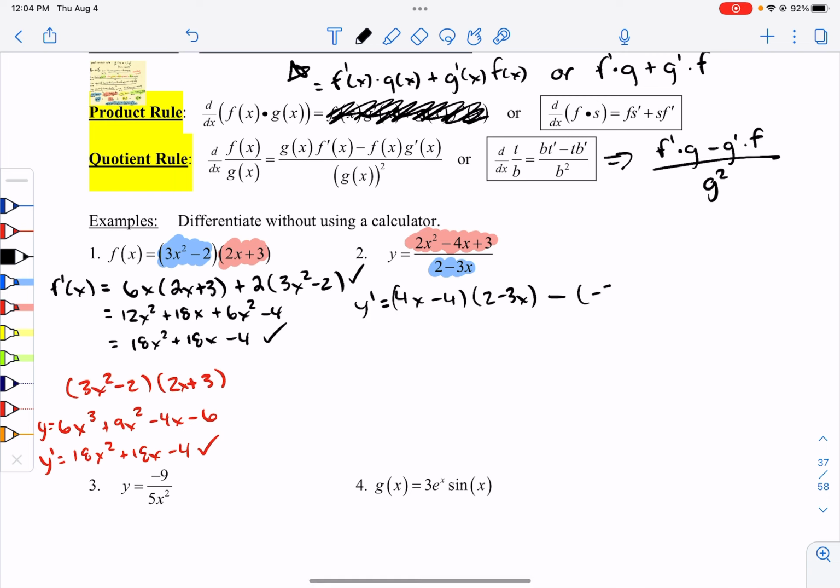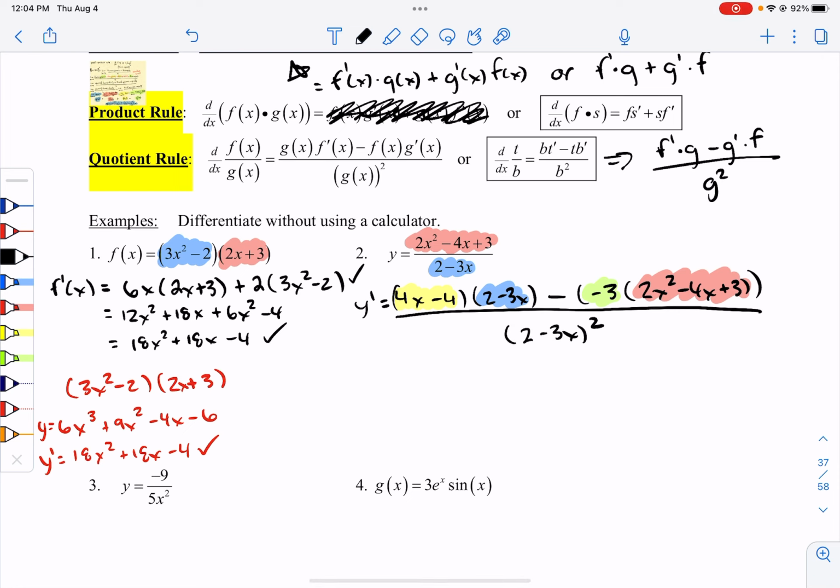Negative 3, and multiply that by the top, 2x squared minus 4x plus 3. So I've got the derivative of the top times the bottom. Then I have the regular top multiplied by the derivative of the bottom, right? And then all of that is divided by the bottom squared, 2 minus 3x squared.